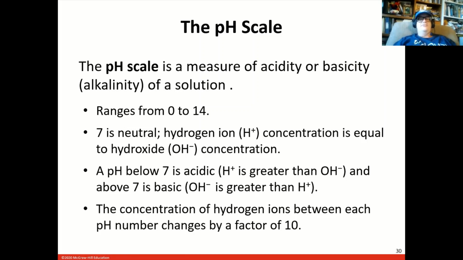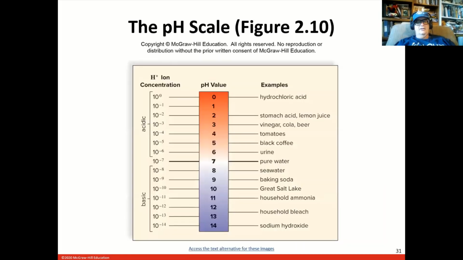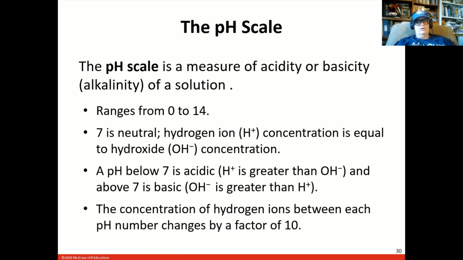If something is below 7, we say it is acidic. If something is above 7, we say that it is basic. And the hydrogen ions are what change, how many hydrogen ions you have. And it's a logarithmic scale, so everything is not little numbers, it's huge changes.